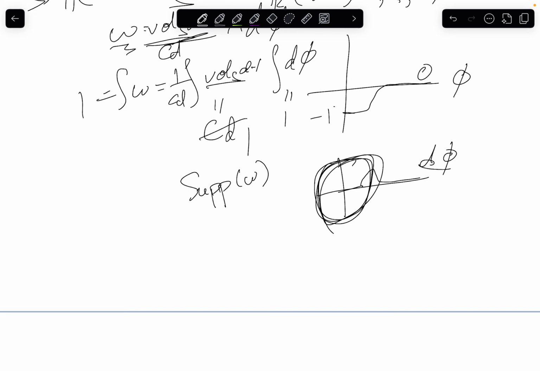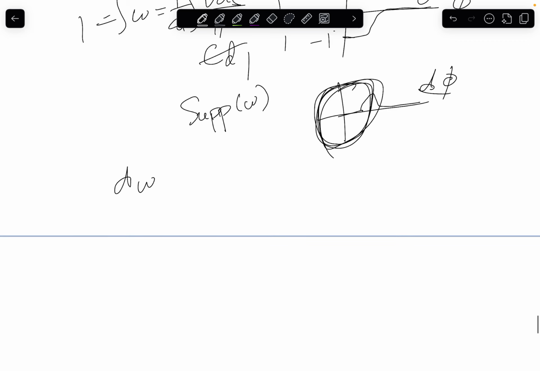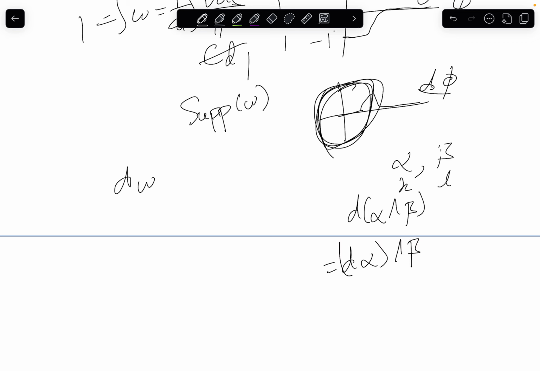we can see that, okay, if we were to compute d omega, maybe this will be a good time to state this. If you have two forms, alpha and beta of degree k and L, then d of alpha wedge beta is going to be d alpha wedge beta plus a sign times alpha wedge d beta.